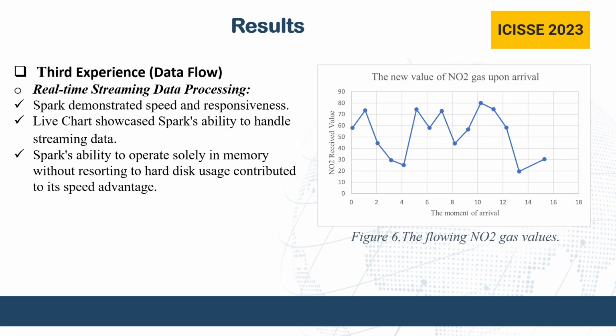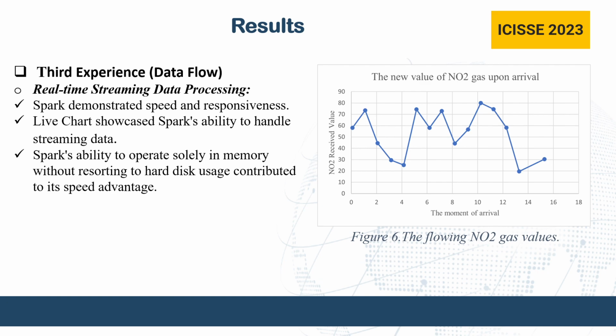The third experiment, data flow. Real-time streaming data processing: Spark demonstrated speed and responsiveness. Also, a live chart showcased Spark's ability to handle streaming data. Spark's ability to operate in memory without resorting to the hard disk contributed to its speed advantage.